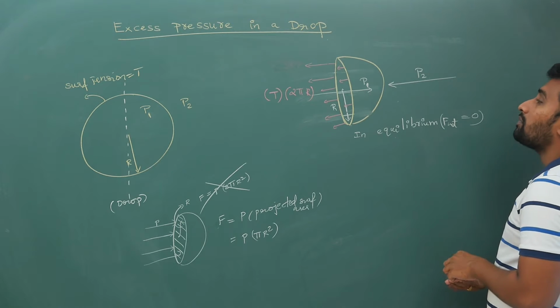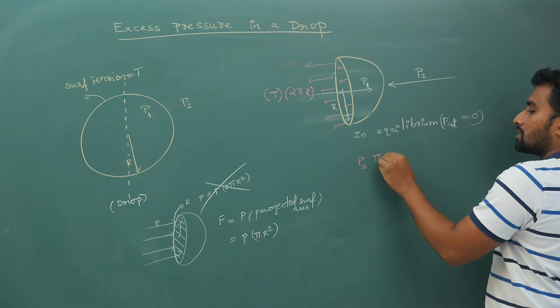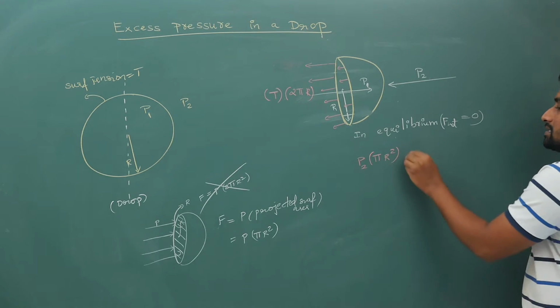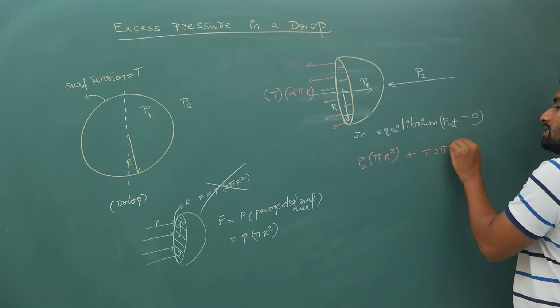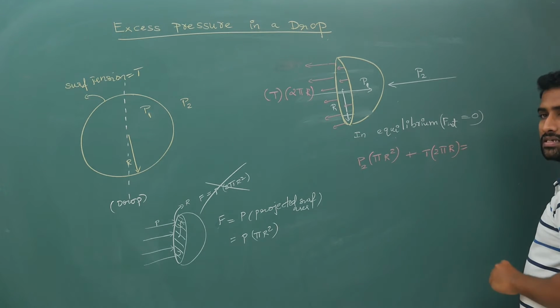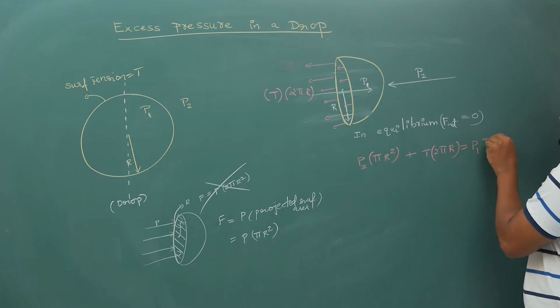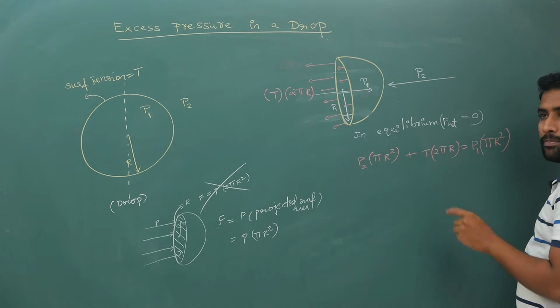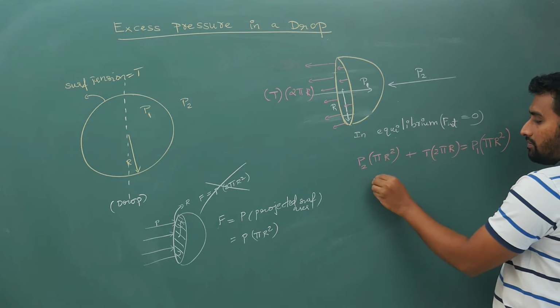To the left, the forces are P2 times the normal area pi r square plus T times 2 pi r, that is equal to the force towards right, P1 times pi r square. So pi r will cancel off.